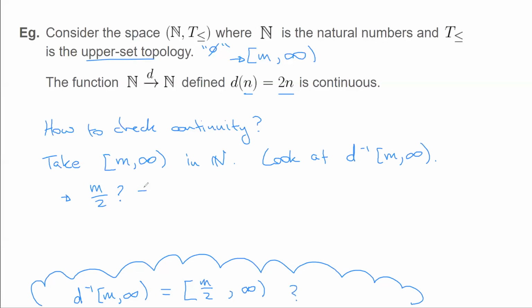Well, this works for certain if m is even, since if m is even, m over 2 is also a natural number, and we can form this open set. But what if m is odd?